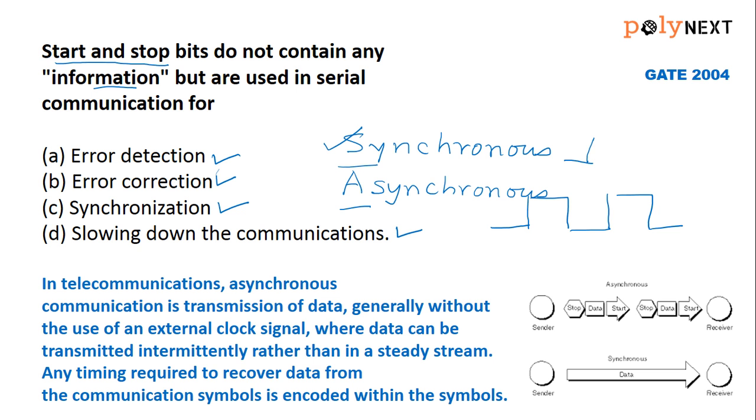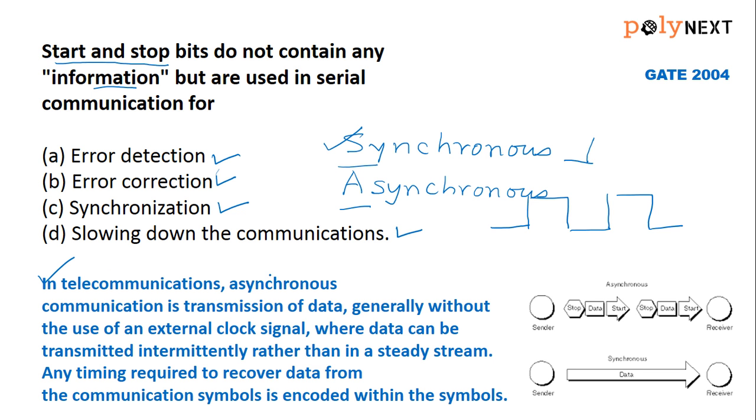In case of asynchronous communication, no such clock pulse is required. We can consider the transmission of data can take place at any instant of time. Just consider this text here.